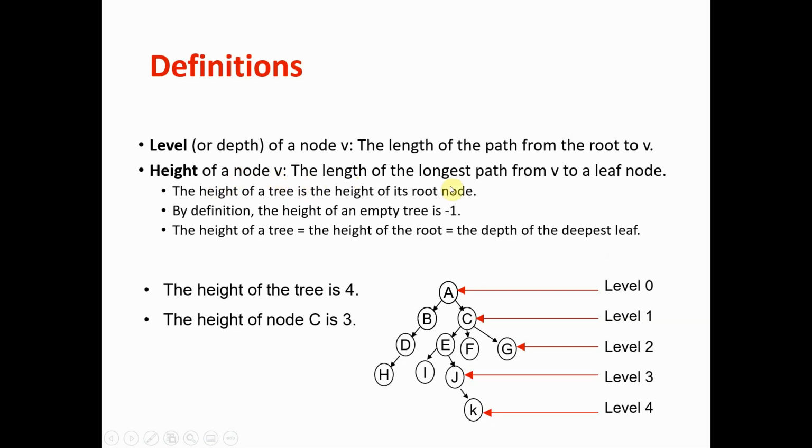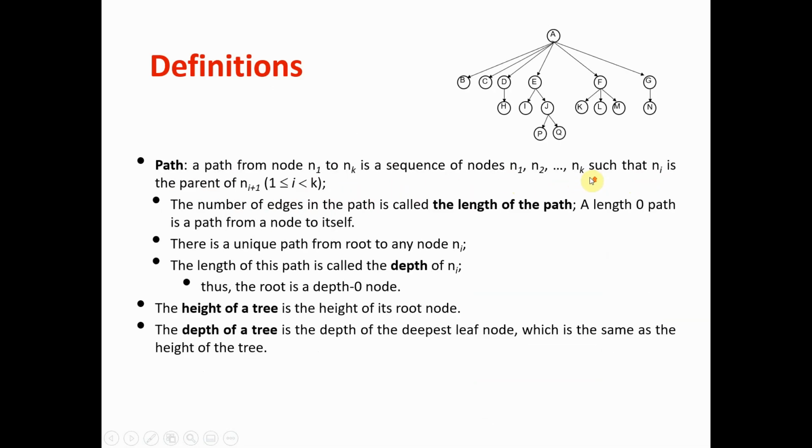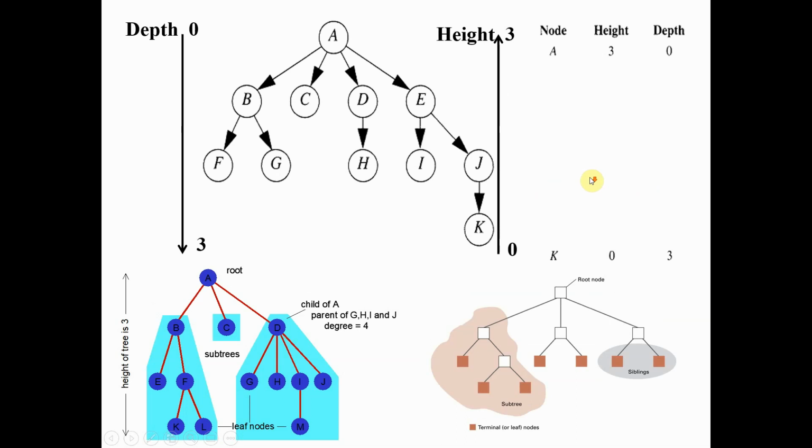The height of a node is the length of the longest path from that node to a leaf node. So what is the height of these F, G, H, I? They're all 0, because they are leaves, right?